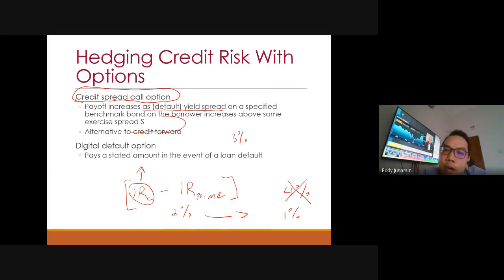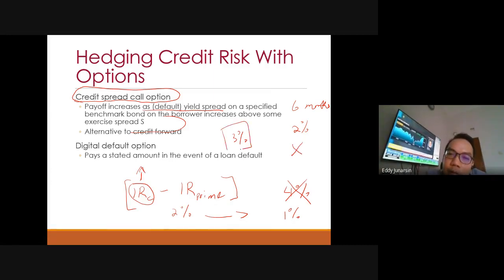So after some time, maybe 3 months, 6 months, or whatever, let's say the spread after 6 months is 2%. So obviously you will not execute the contract, right? Because your contract says that the contracted spread is 3%, right? So you let it go. But of course, when you entered the contract, you had to pay the premium, right?